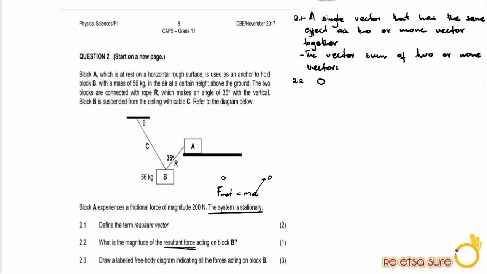So now 2.3, my beautiful learners, draw a labeled free body diagram indicating all the forces acting on block B. The marks that are allocated on this question guide us by indicating how many forces must be drawn.